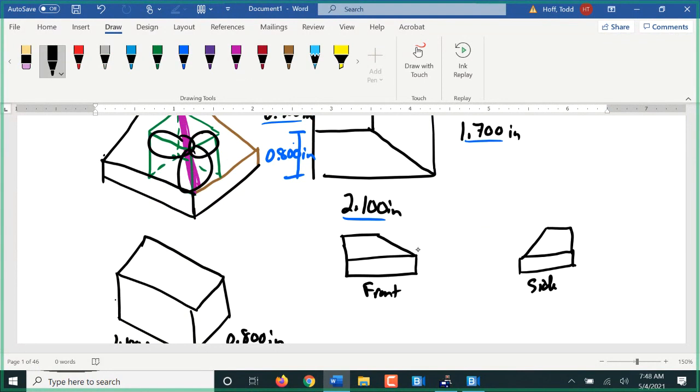And so let's say that I tell you that this overall height is 1.200 inches, and that this here is 0.500 inches. The dimension, again, that we really want off of this is this one here, which is the 1.2 minus the 0.5, giving us 0.700 inches. So this here is 0.700 inches.